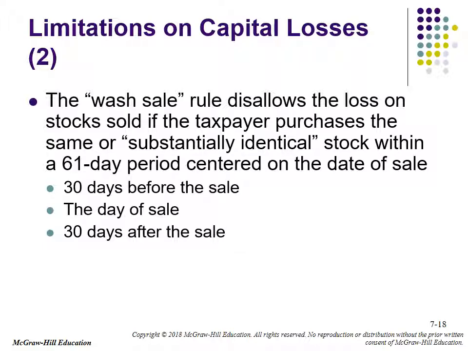So let's say taxpayer purchases stock B for $1,000 on July 1.